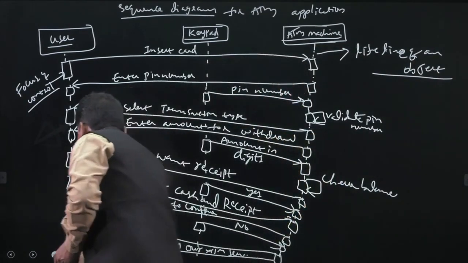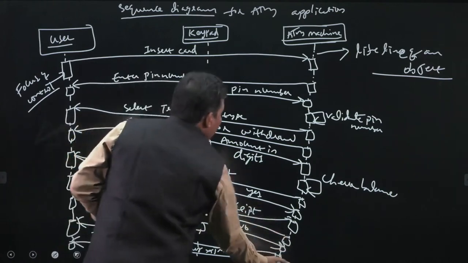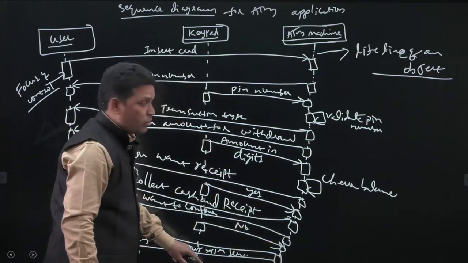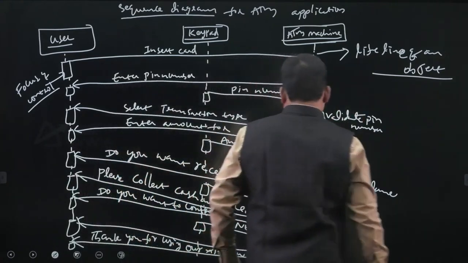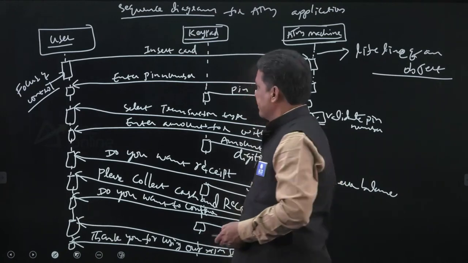Till what extent is the object alive? Till here the object is alive. Beyond the dotted line the object is dead. So that is the importance of the lifeline of an object. This is about the sequence diagram for an ATM application.